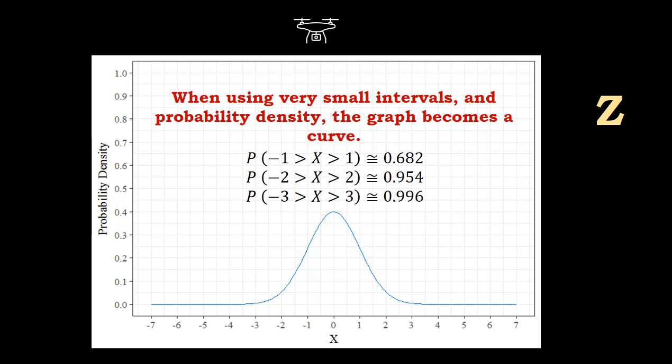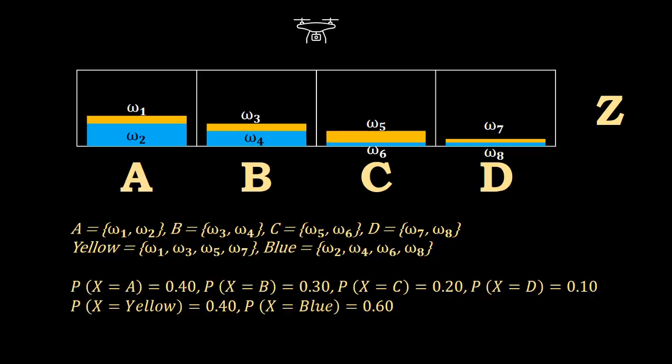The probability of x taking any value between -2 and 2 is approximately 0.954. And between -3 and 3 it is approximately 0.996.